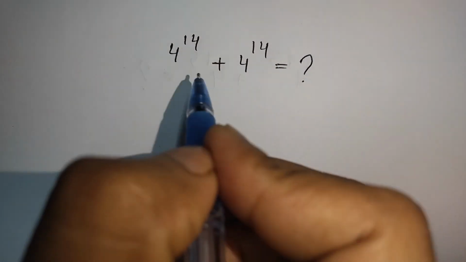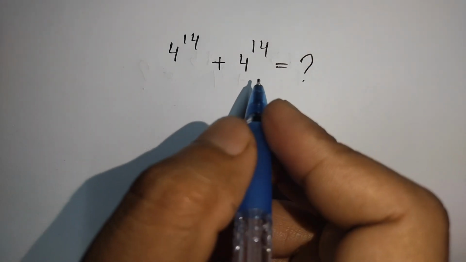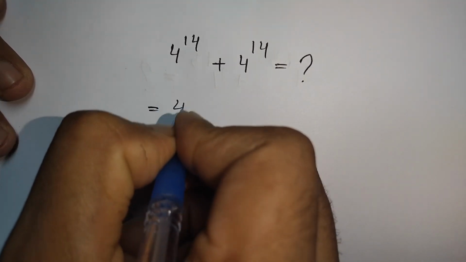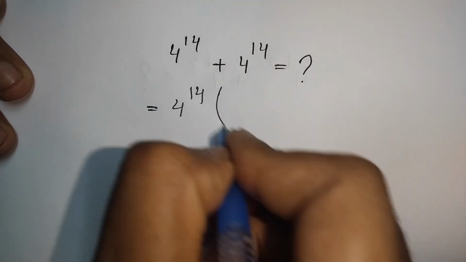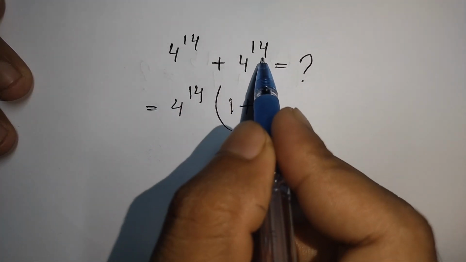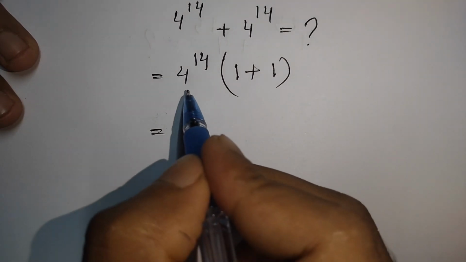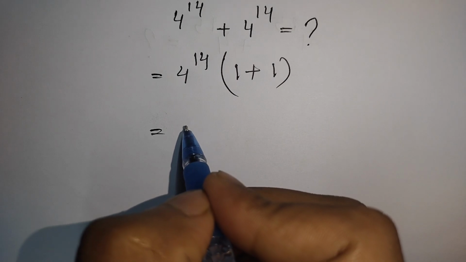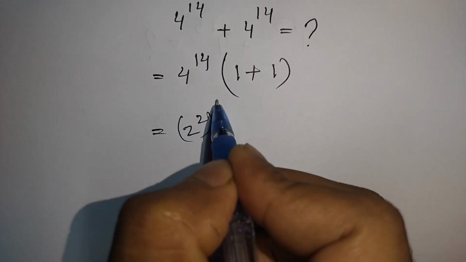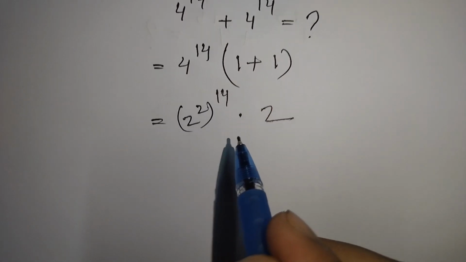Now how to solve 4 to the power 14 plus 4 to the power 14 is equal to what? At first we take common 4 to the power 14. First bracket start, this divided by this, that means 1, plus this divided by this, that means 1. Now 4 to the power 14 is same as 2 to the power 2, bracket, 14 times, 1 plus 1, that means 2.